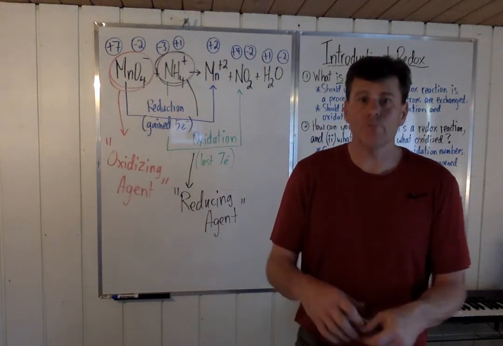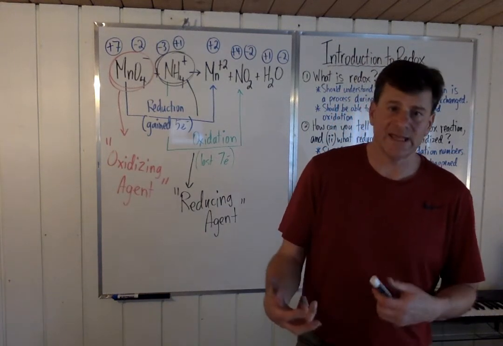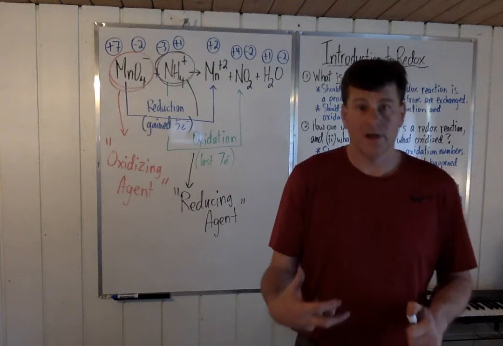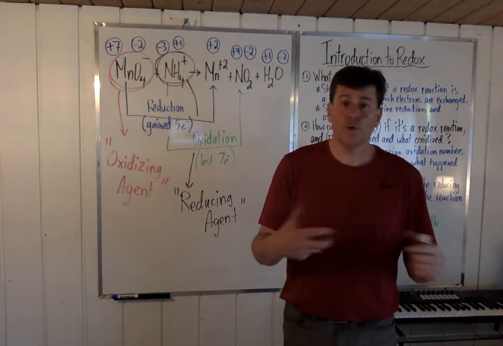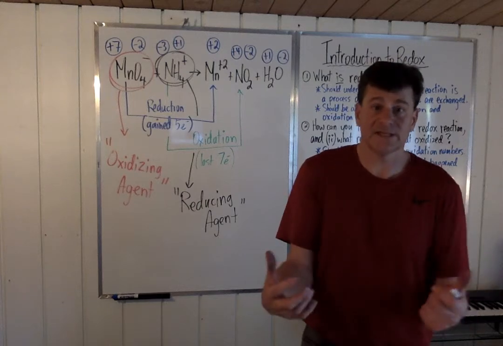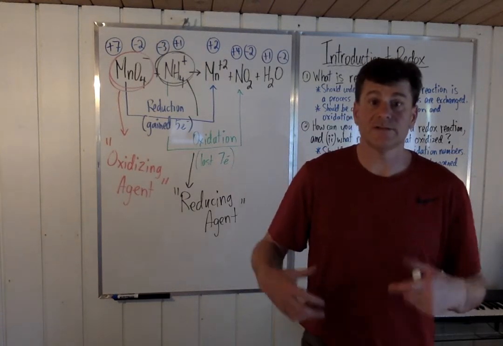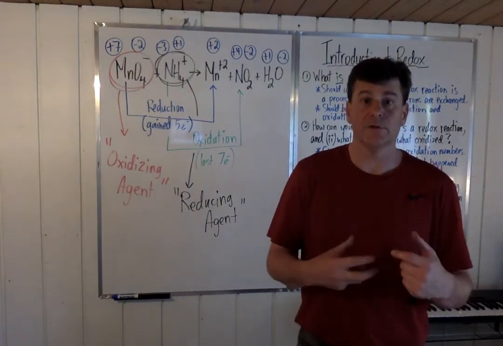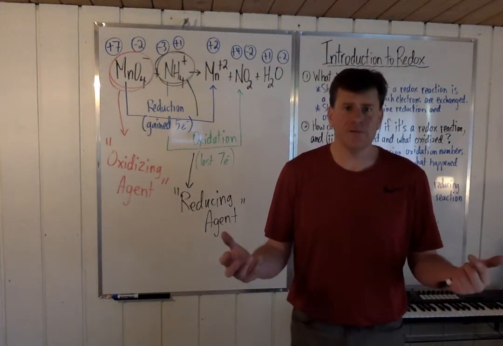After we do that, then we're going to start getting into that spontaneity concept of how do you know if the transfer of electrons will be in a spontaneous direction or not? Do these atoms want to do this exchange of electrons, and how do you figure that out?